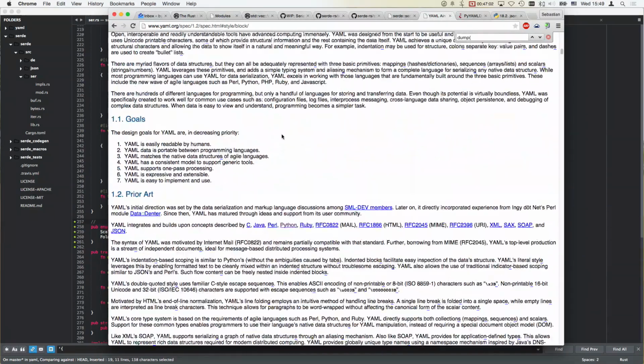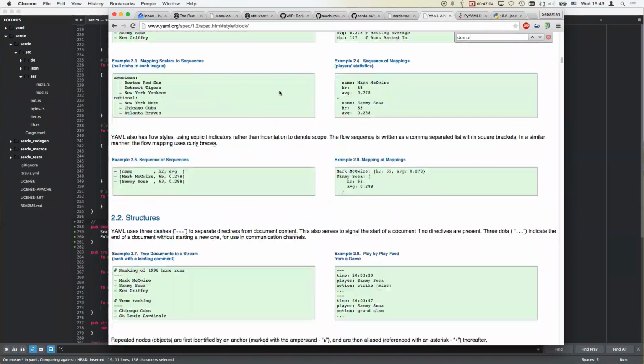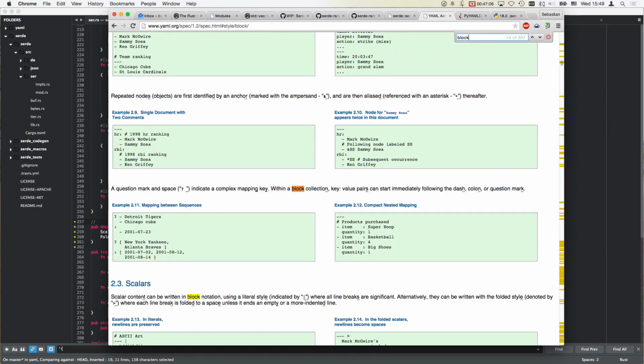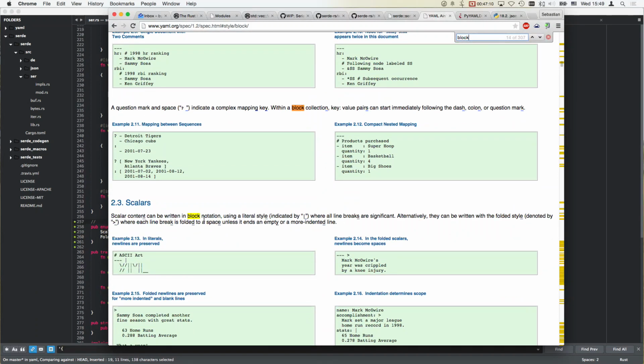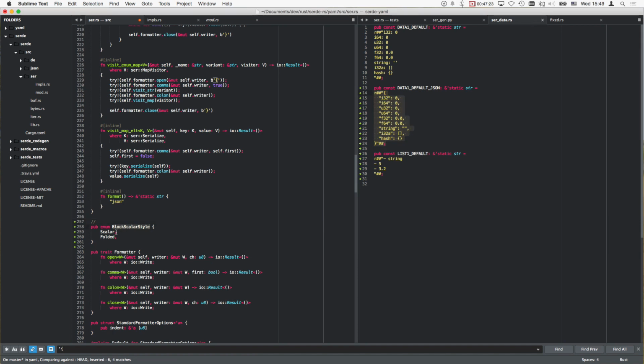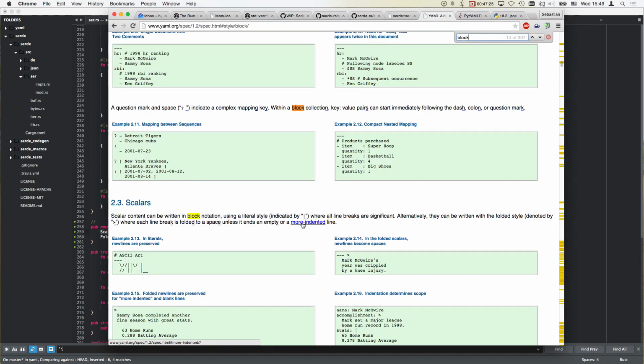Where did I read information about the block styles for the first time? Block. Here. Using a literal style indicated by that, where all line breaks are significant. Alternatively, can be written in folded style. Okay, scalar content. So that's block scalar style. So that's still literal and folded, right? That's it.